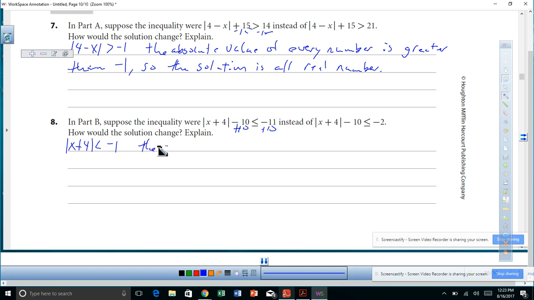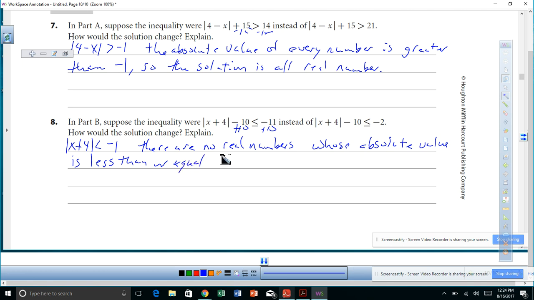Let's see. There are no real numbers whose absolute value is less than or equal to -1.